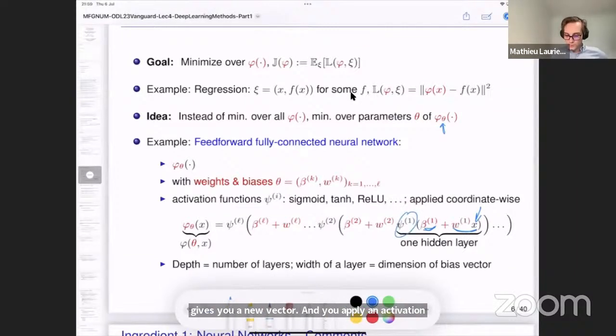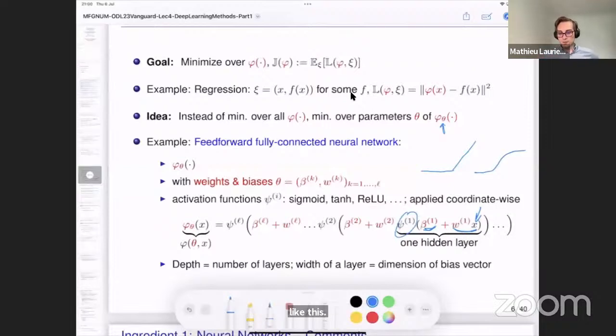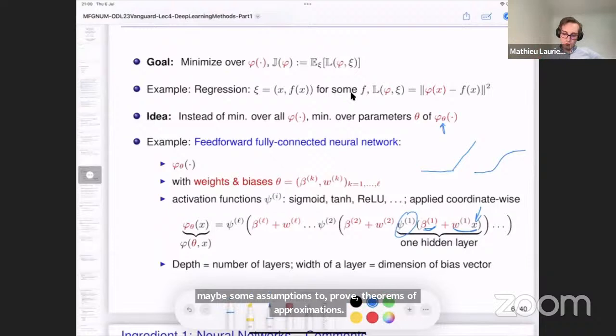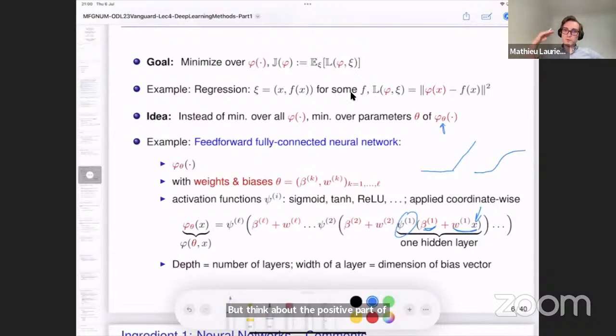This function could be, for example, the positive part, or it could be a function which is 0 and then positive. It could be a function which is a sigmoid, like this. Some kind of nonlinear function. In practice, we need maybe some assumptions to prove theorems of approximations, but think about the positive part or the sigmoid function, and we apply it on each coordinate of the vector.